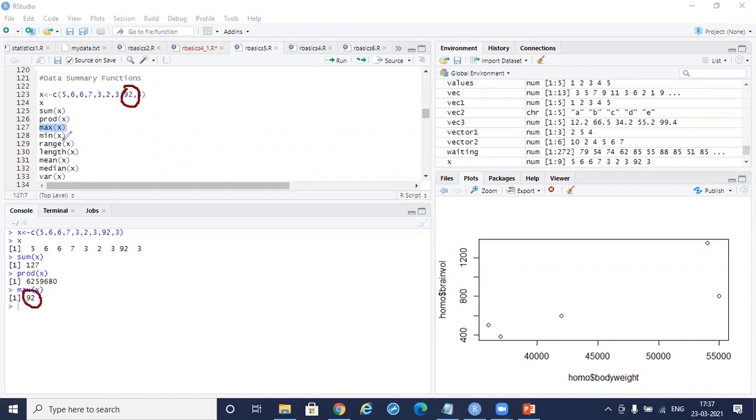The minimum number in x is 2. So 2 is the minimum number.